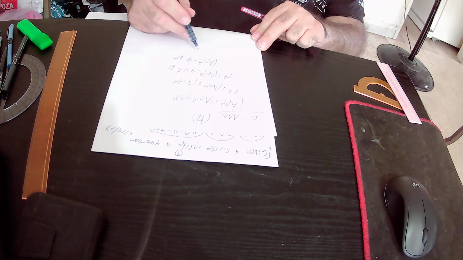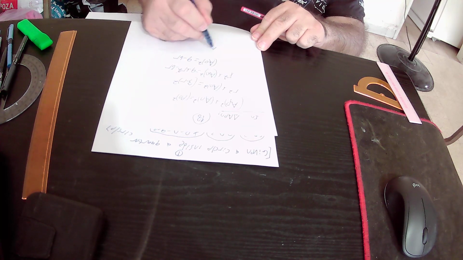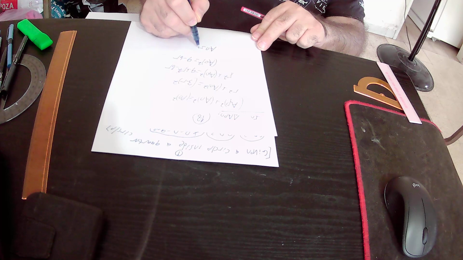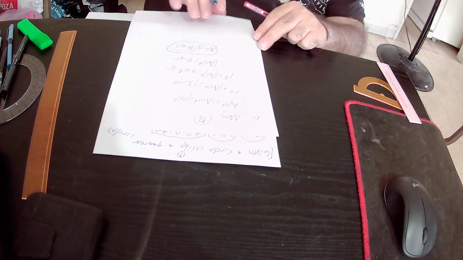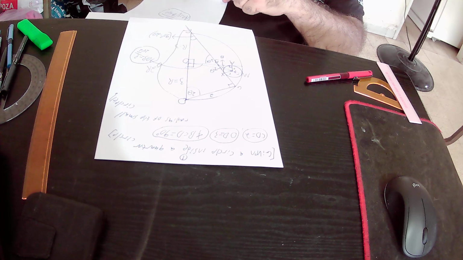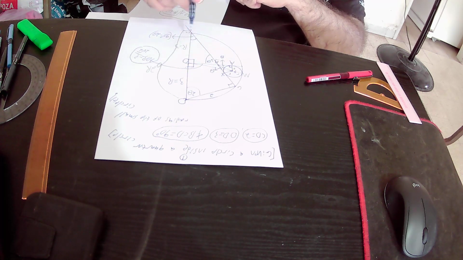Here we will take the root of this equality, and we will get that AO equals the root of 9 minus 6r. So we found out the value of AO, and we have already found out the value of BO.